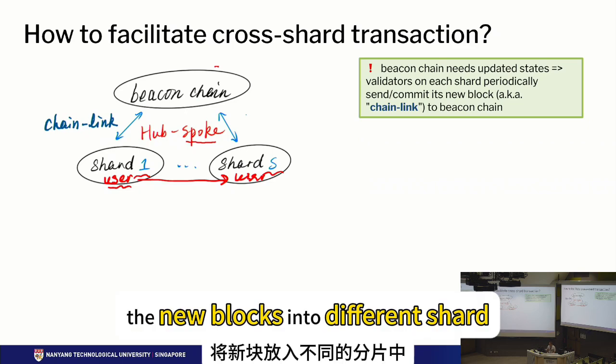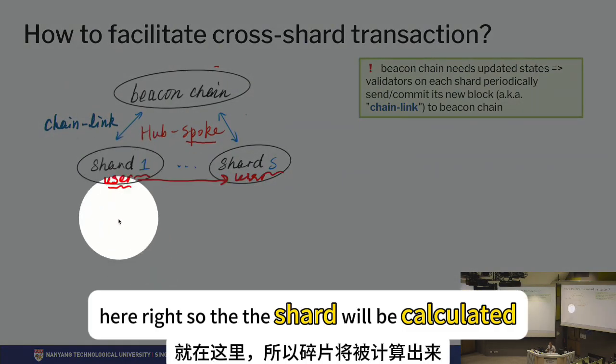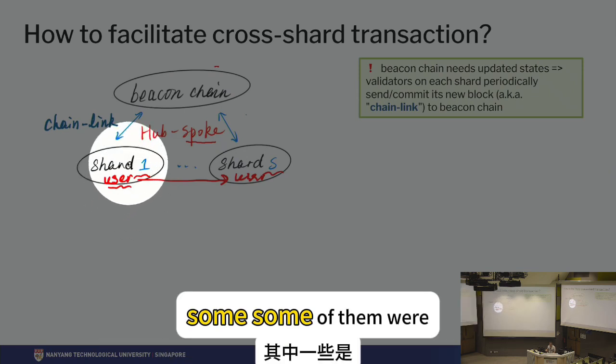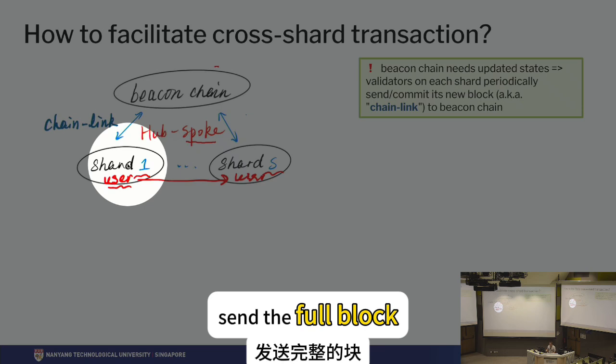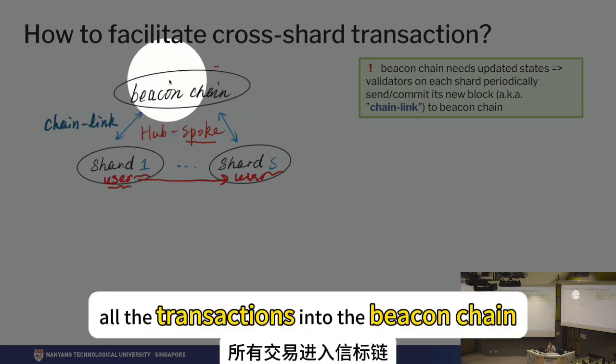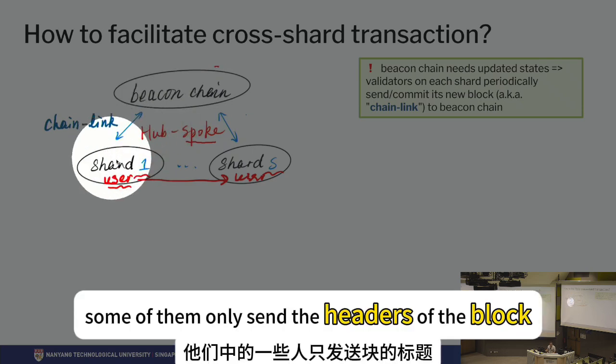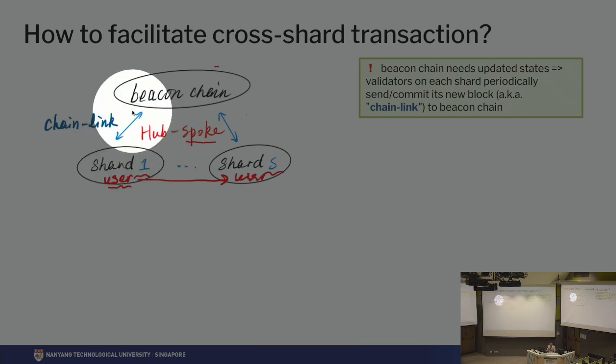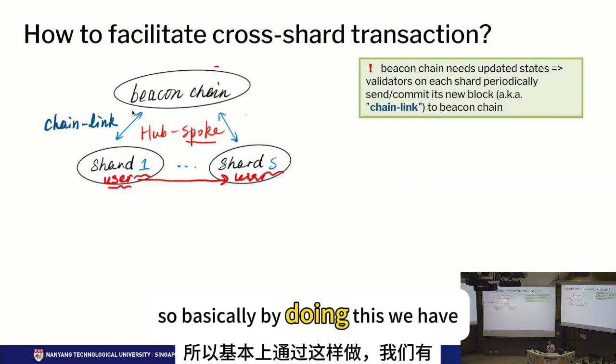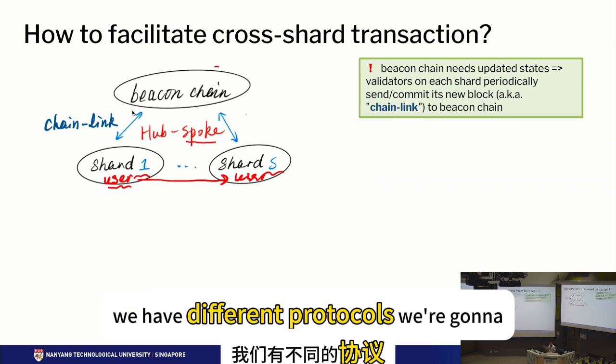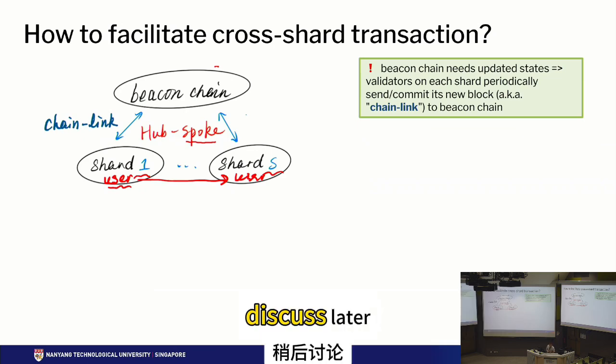Some of them will send the full block of transactions into the beacon chain. Some of them only send the headers of the block. So basically, we have different protocols, which we're going to discuss later.